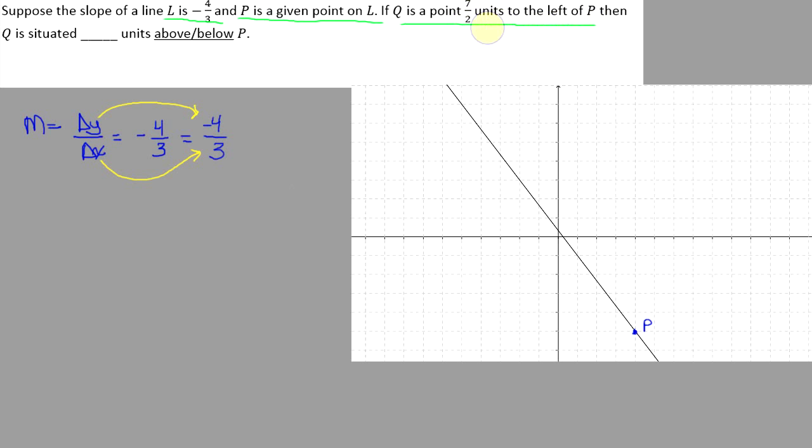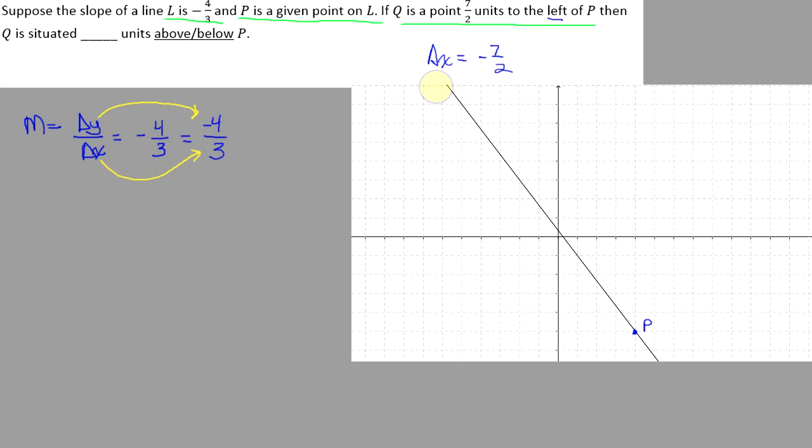Well, left and right is the x-coordinate. So the only variable that corresponds to the x-coordinate is, of course, delta x. And this delta x is going to be equal to 7/2, but 7/2 to the left, so it's going to be minus 7/2. And we're just going to hold that fact there for a little bit, okay?